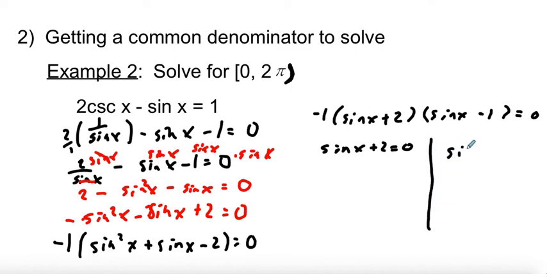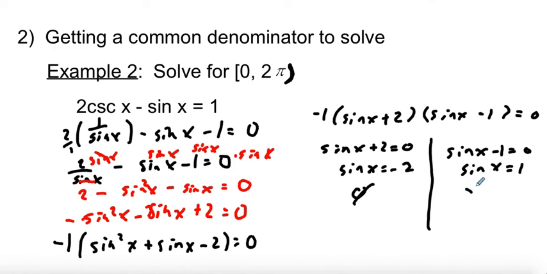So then the sine of x minus 1 equals 0. Over here, the sine of x is negative 2, and solving for sine x in every single case, adding 1 over here, we just get sine of x equals 1. The sine of x is never going to be negative 2, so that's no solution. Over here, where is your sine of x equal to 1? That is in one spot, and that's at pi over 2.